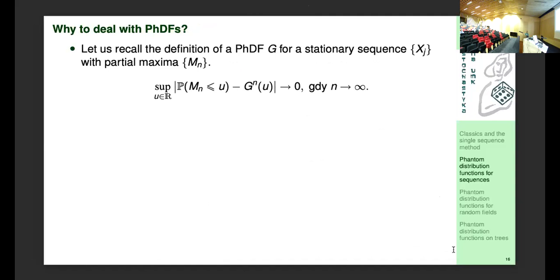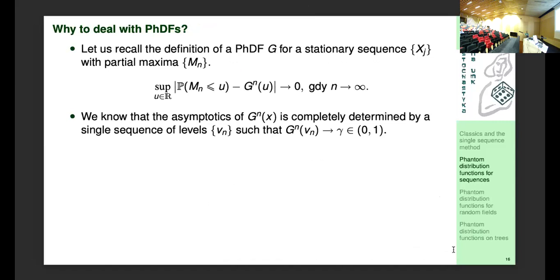Why deal with the phantom distribution function? Again, it's interesting, some kind of multiplicative structure. But here we see that this term is determined by convergence along one sequence only.